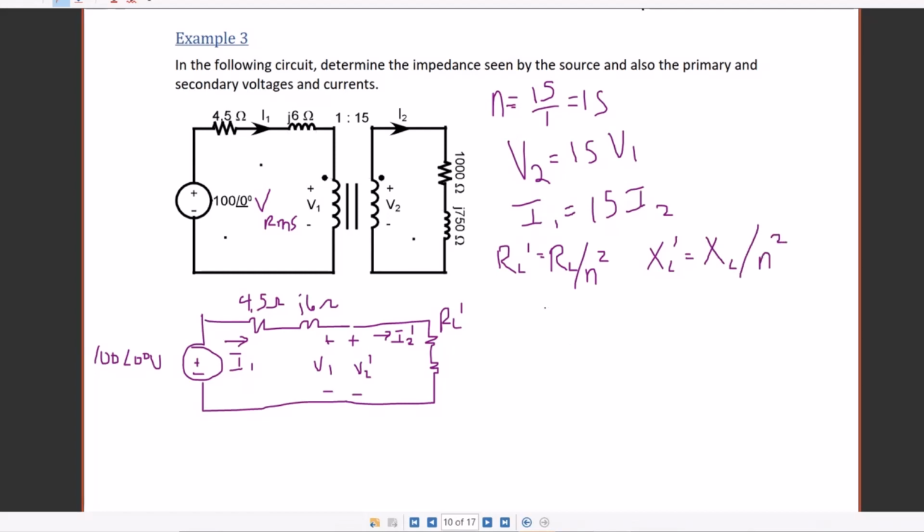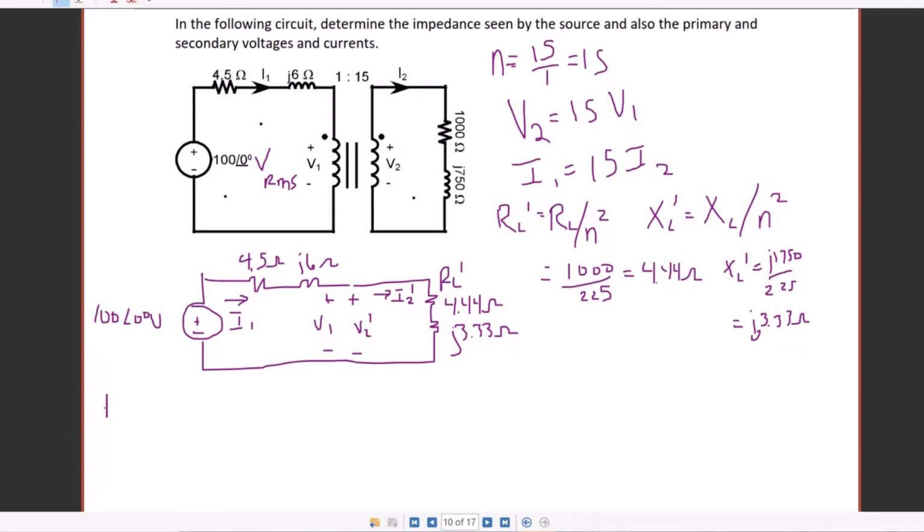So that means that RL prime is 1,000 divided by 225, which is 15 squared, or 4.44 ohms. And XL prime is J1750 divided by 225. And so that is J 3.33 ohms. Are there any questions? Now, I want you guys to write a KVL equation and solve for I1.